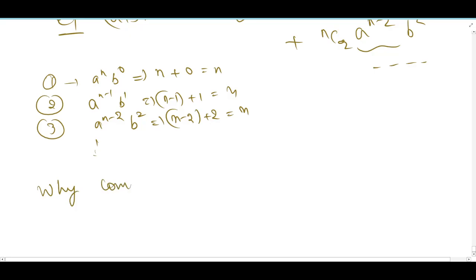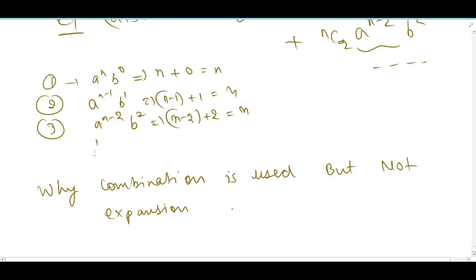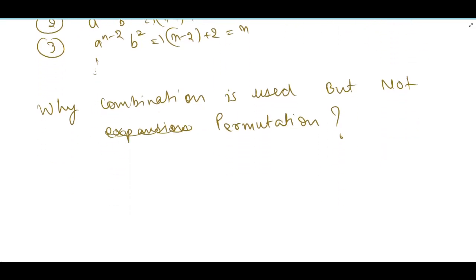Why is combination used in the expansion, but not permutation?